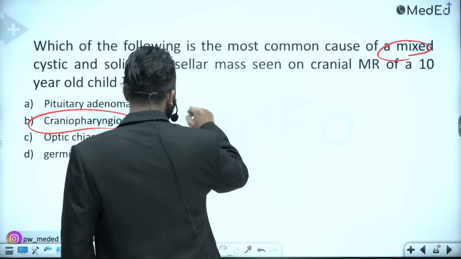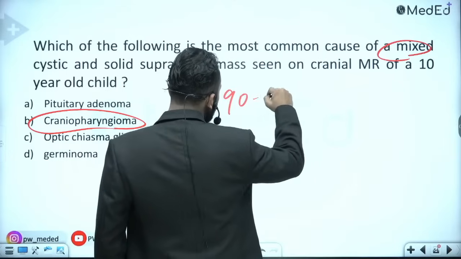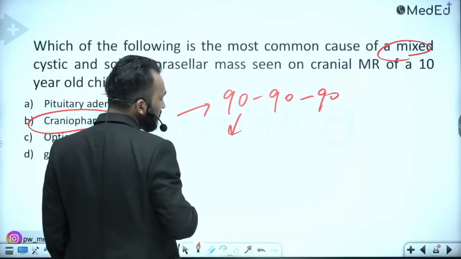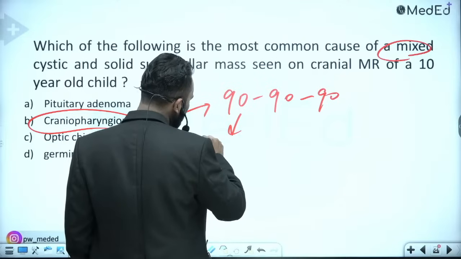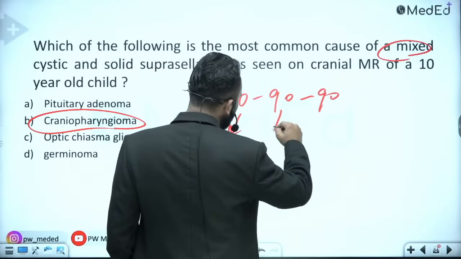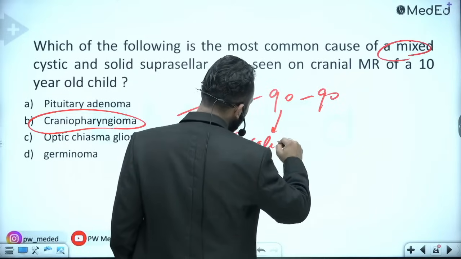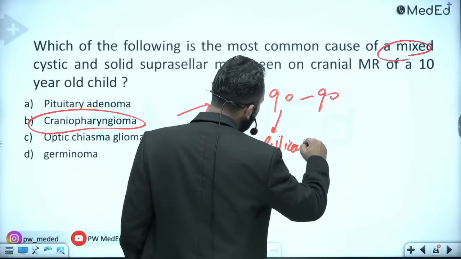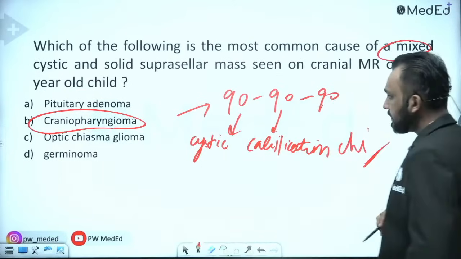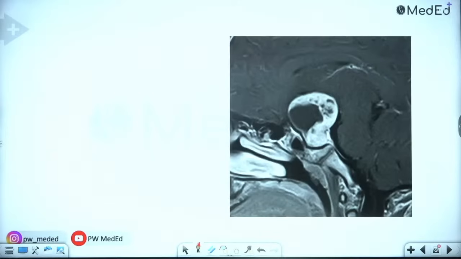There is one 90-90 rule for craniopharyngioma, which says that 90% of the lesions will be cystic, 90% will show calcification, and 90% will be seen in children.